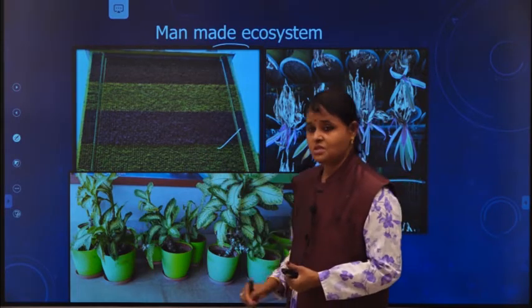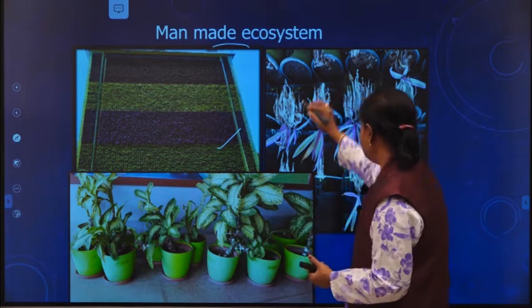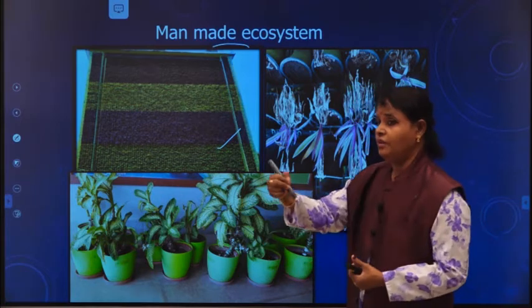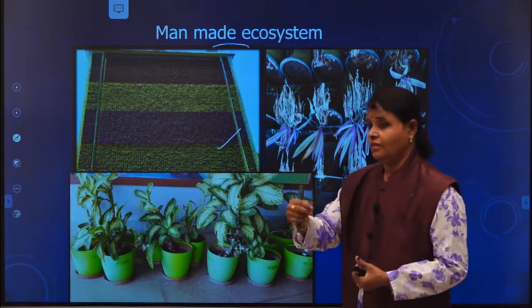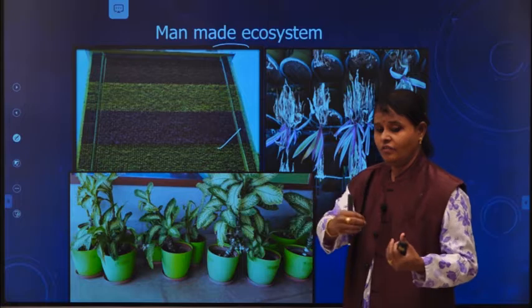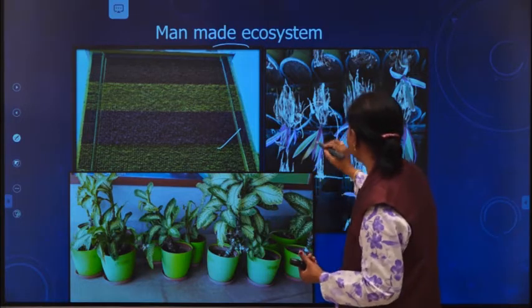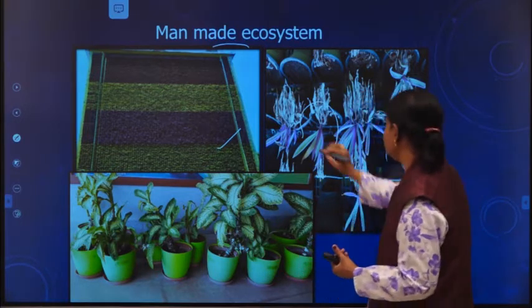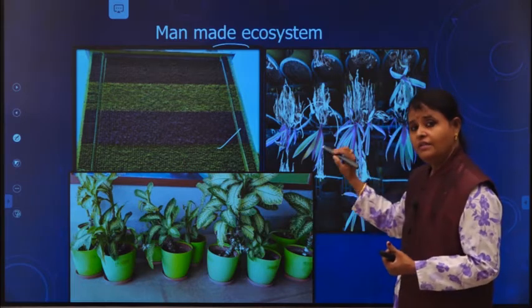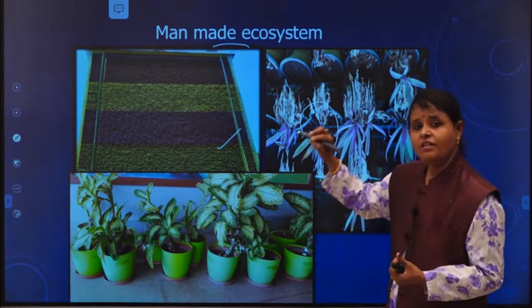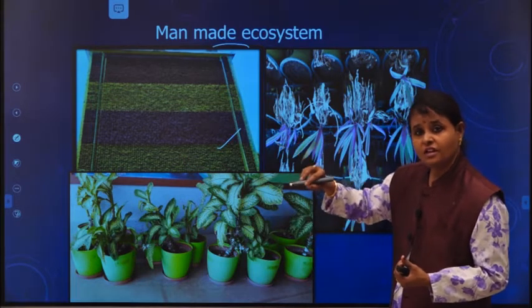So it's an ecosystem. If you come to our campus lift, on the ground floor you can see this vertical garden. These are the plants, living organisms which interact with each other and also with the environment.